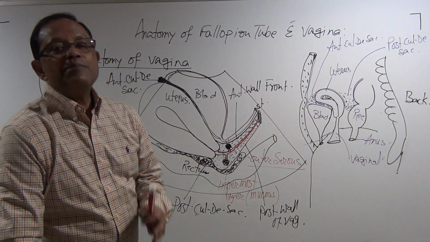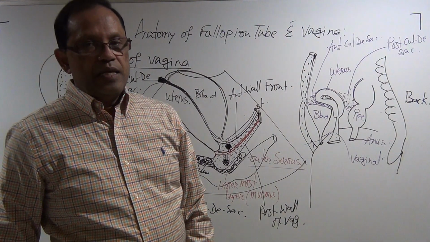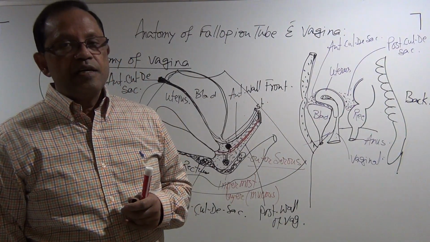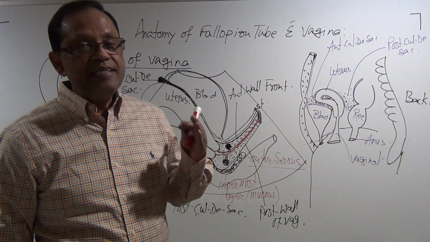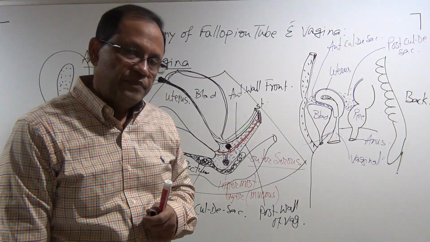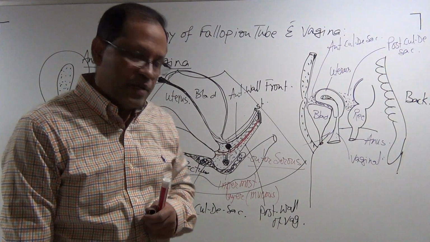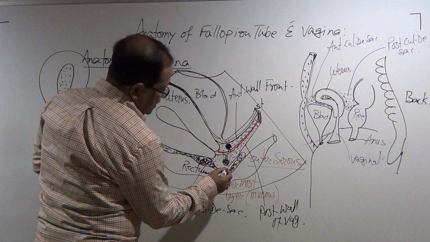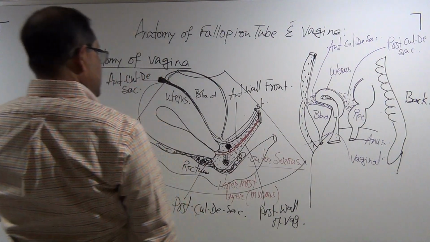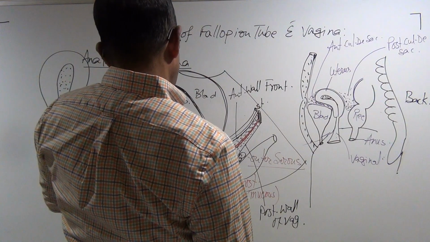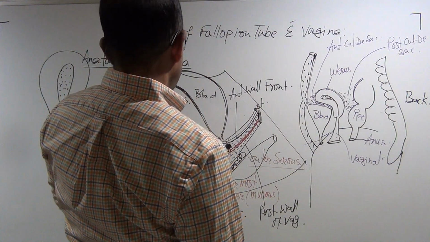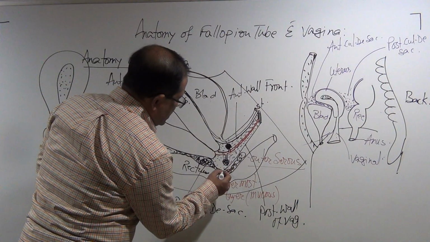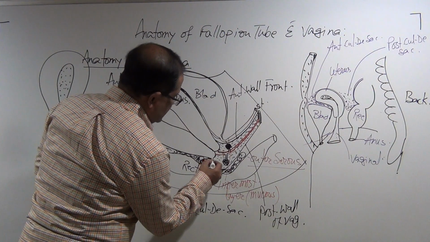The posterior wall is usually bigger than the anterior wall. The anterior wall is usually 7.5 centimeters and the posterior wall is 9 centimeters on average. Okay, and it produces a space. Look at here, the posterior wall and the cervix.